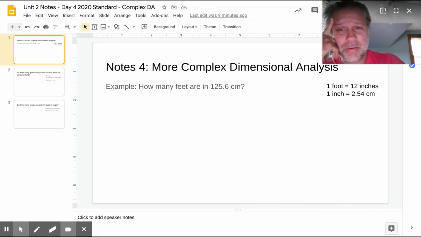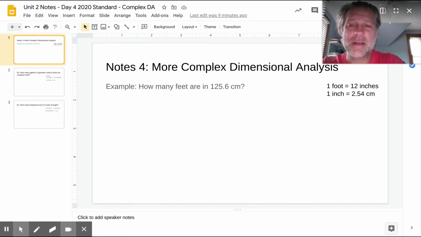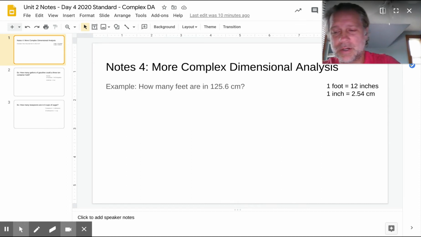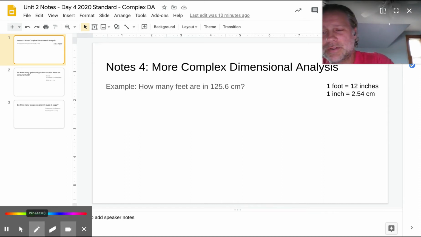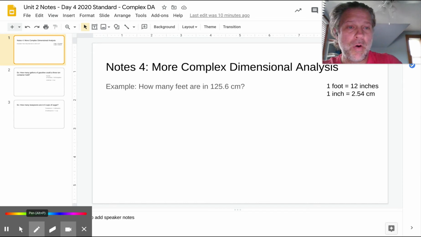So in the first problem here, the question is asking us how many feet are there in 125.6 centimeters. The very first thing that I need to do is figure out the relationships that I might need. I don't know off the top of my head any direct relationship from feet to centimeters.